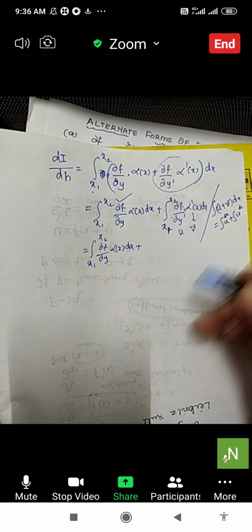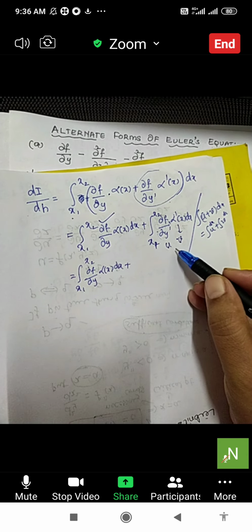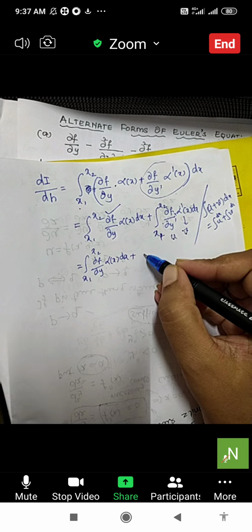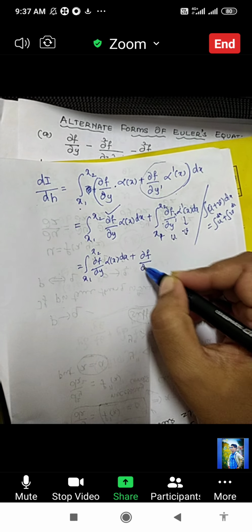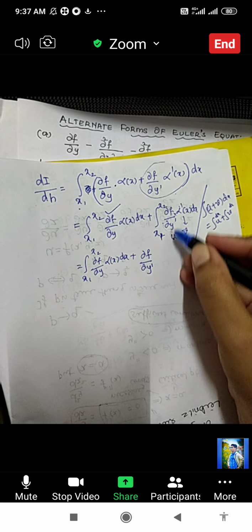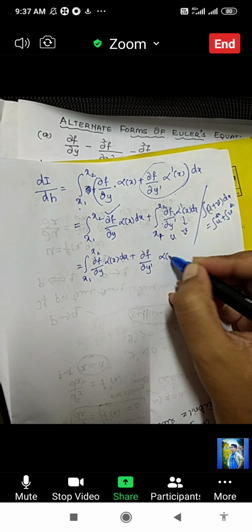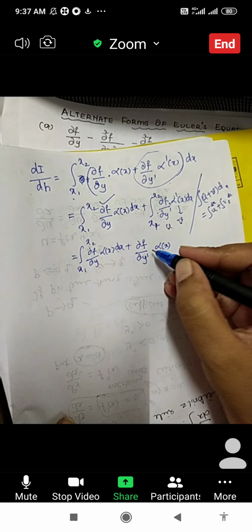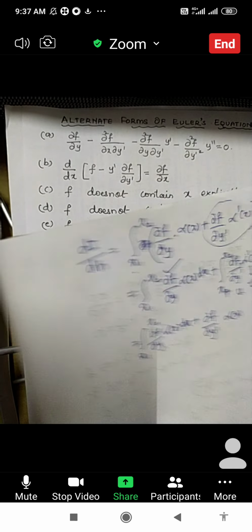We have written integration of u into v, and we will apply the same thing. What is integration of u into v? We have to keep u as it is and integrate v. u as it is means dou f by dou y dash as it is, and then integration of alpha dash. Shall I write alpha? If not clear, I'm even ready to tell you what it is.